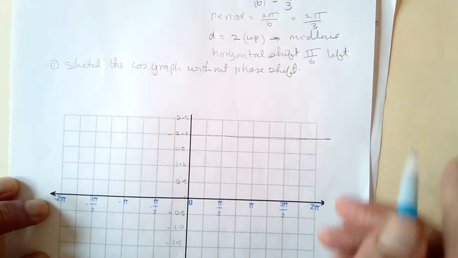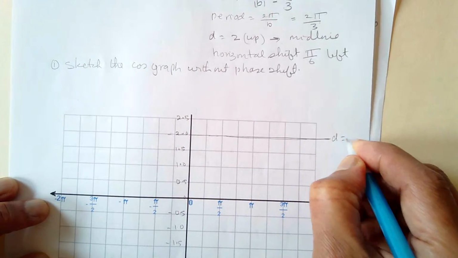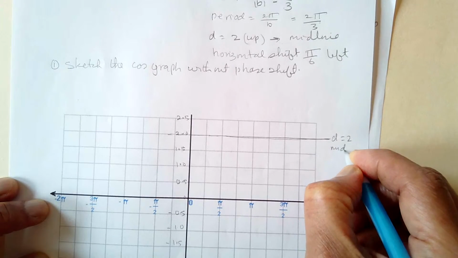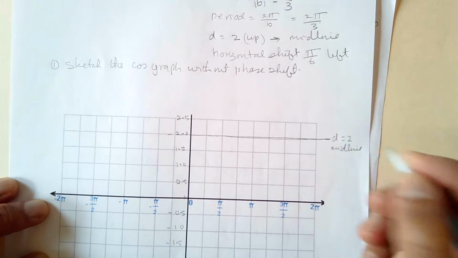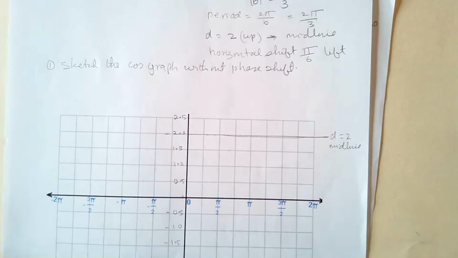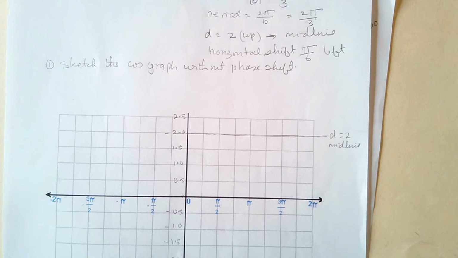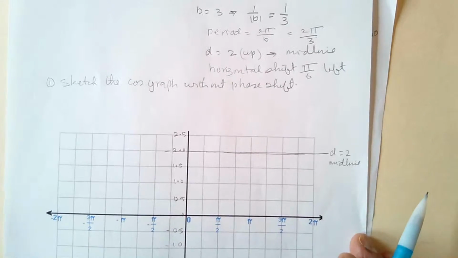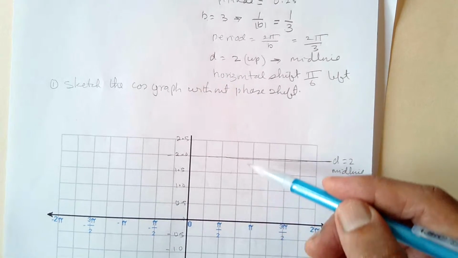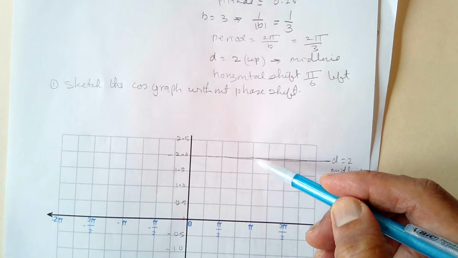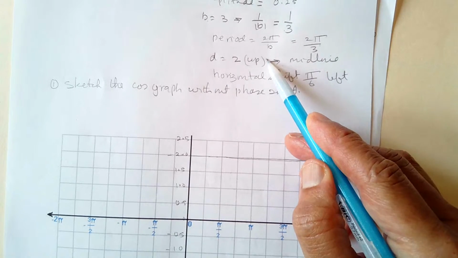This is d equal to 2, the midline. Some books refer to a center line, but that's the same thing. Our graph shifts 2 units up, so we establish that here.